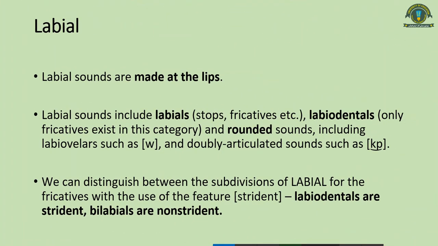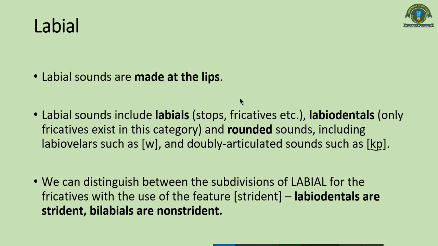Now the first classification is labials. Labial sounds are made at the lips. In the traditional classification, we had two kinds of labials. We had bilabial sounds and we also had labiodentals. Now here we are categorizing both labiodentals and bilabials under one category, labials.